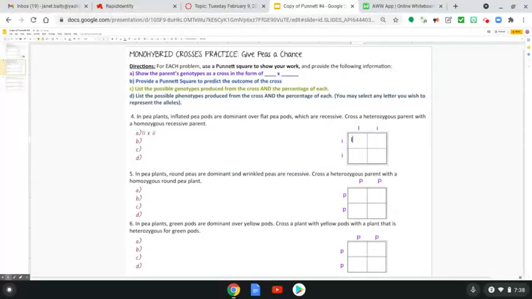Here and here gives you recessive recessive. This gives you dominant recessive, dominant recessive, dominant recessive, and recessive recessive.